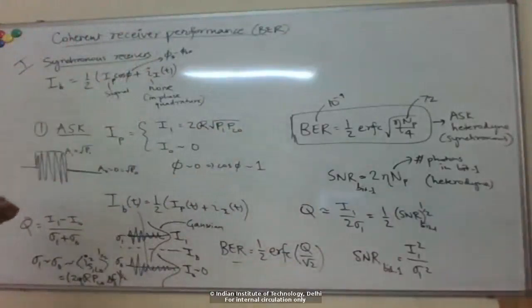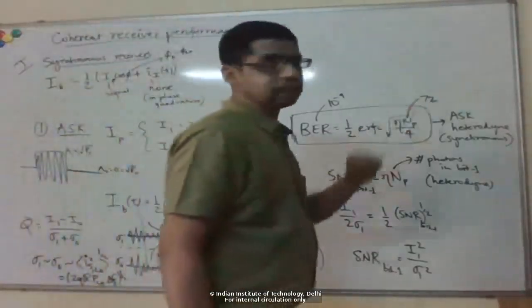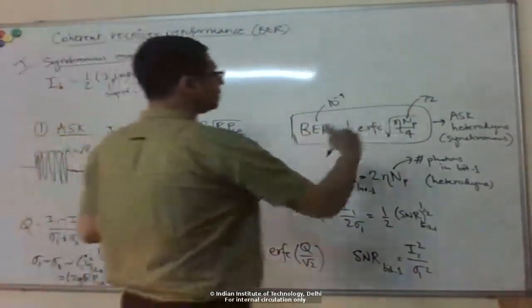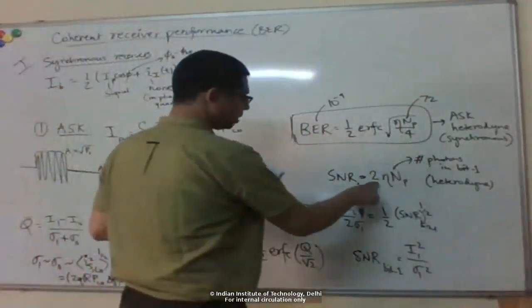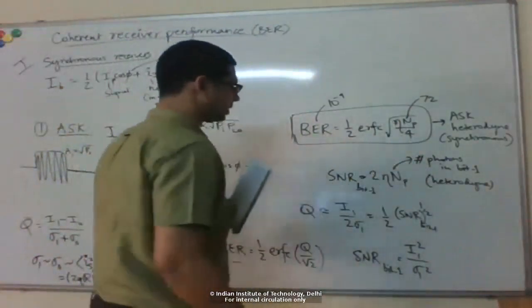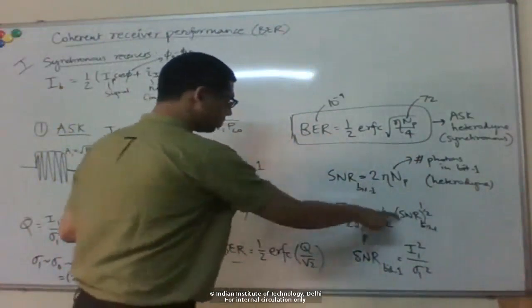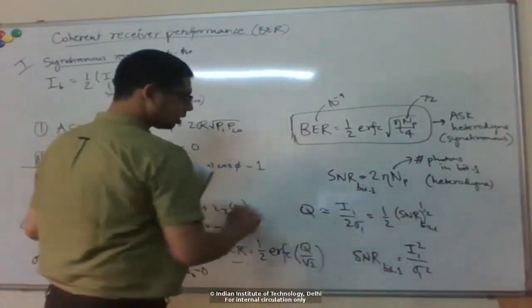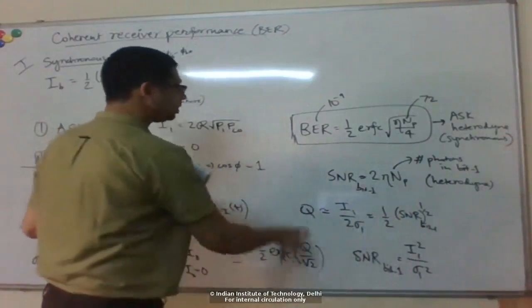With coherent detection we do even better, 72 photons. And if you do homodyne, you get a 2 times enhancement in the SNR, a factor of square root of 2 in the Q factor.